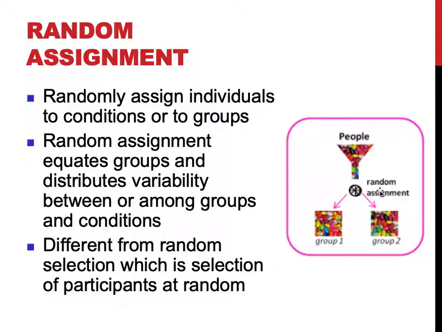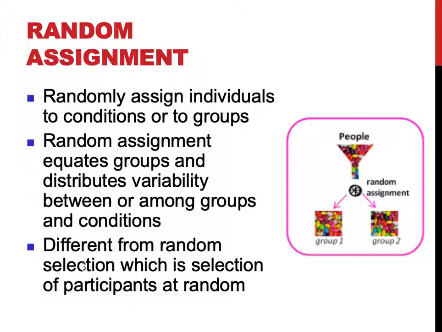Does that mean they're going to be 100% equal, that I'm going to have exactly as many female students in this group as in this group? No, there's going to be some slight fluctuation, but the point is that overall, statistically speaking, these two are relatively equal. That is something you will cover in your statistics courses on variance, so I'm not going to go into too much detail there. So we're not looking for them to be perfectly equal, we just want them to be statistically equal.